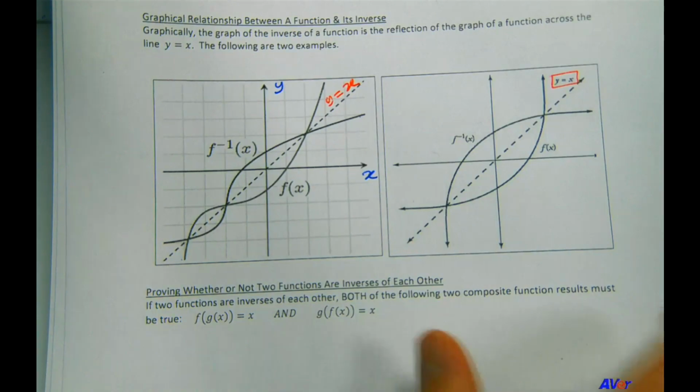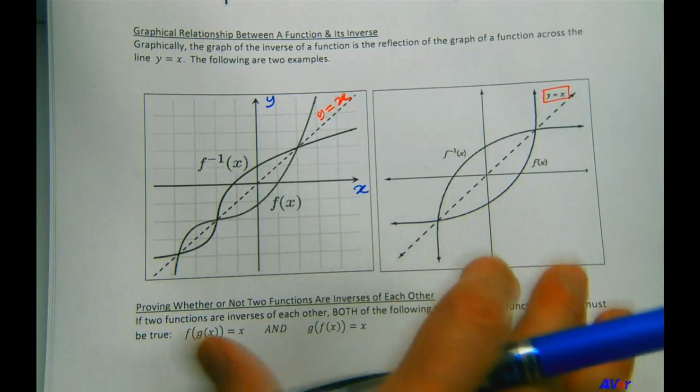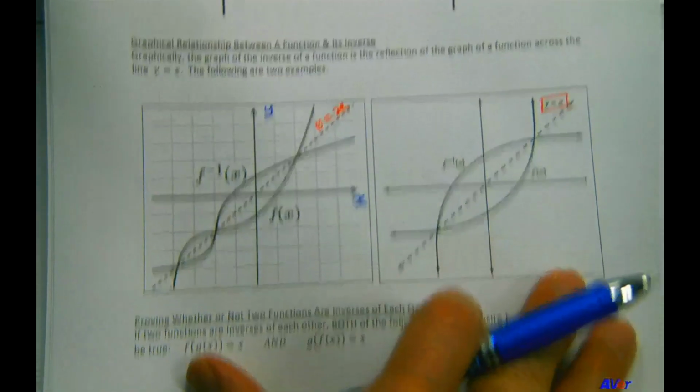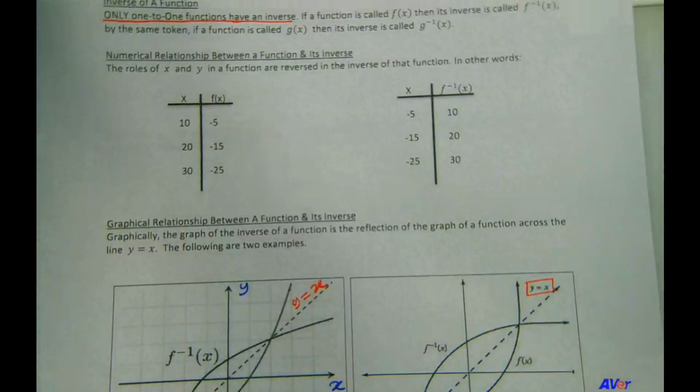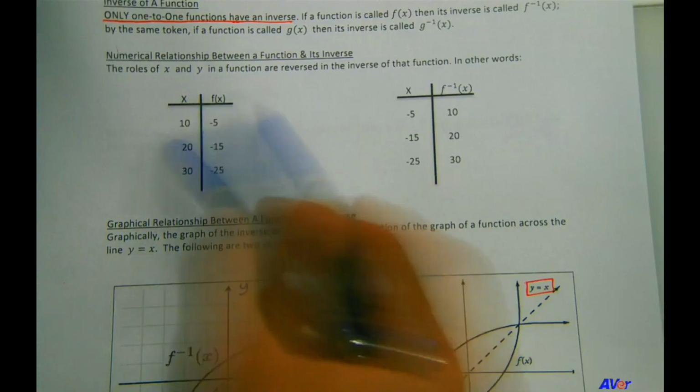Now, we talked about two very important connections between any original one-to-one function and its inverse. One connection is numerical. The numerical connection is that the roles of the variables are swapped.